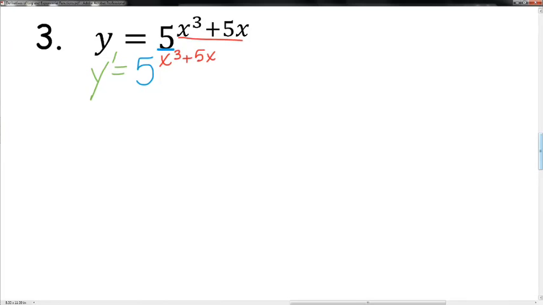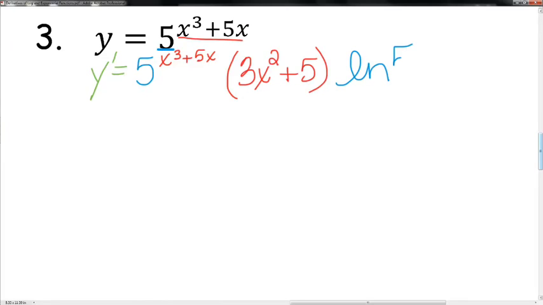So my rewrite is 5 to the x cubed plus 5x, and then I'm going to multiply by the derivative of my power, which is 3x squared plus 5. And then the part that, remember, this is our e to the x pattern. If it was just e to the u, we would be done. But since it's not e, my base is no longer e, it's now 5. I need to multiply by the ln of my base. So I have to multiply by ln of 5.